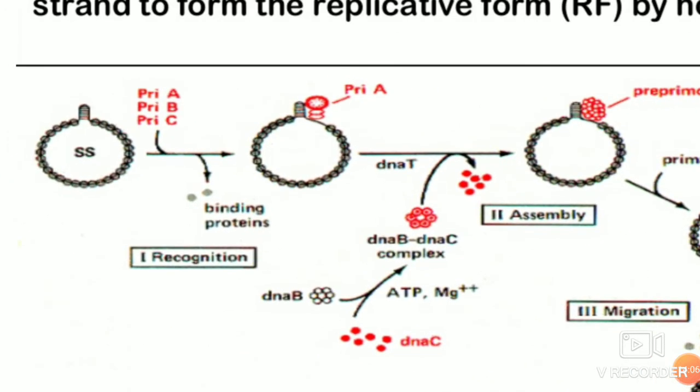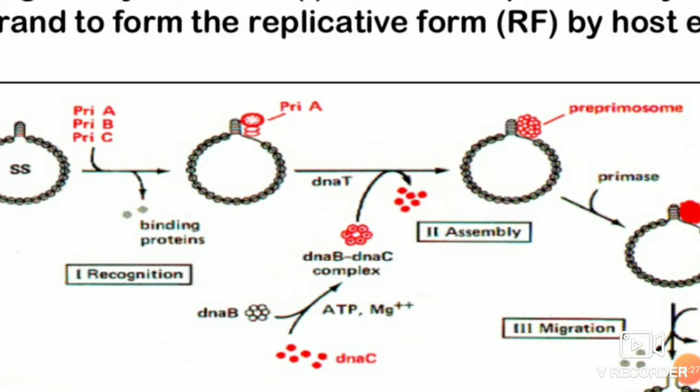So the first is recognition of the origin of replication, which forms specific structures, and the stabilizing proteins which are stabilizing the single strand form are removed by a complex of proteins which are part of the primosome. They bind to that secondary structure and displace the binding protein.